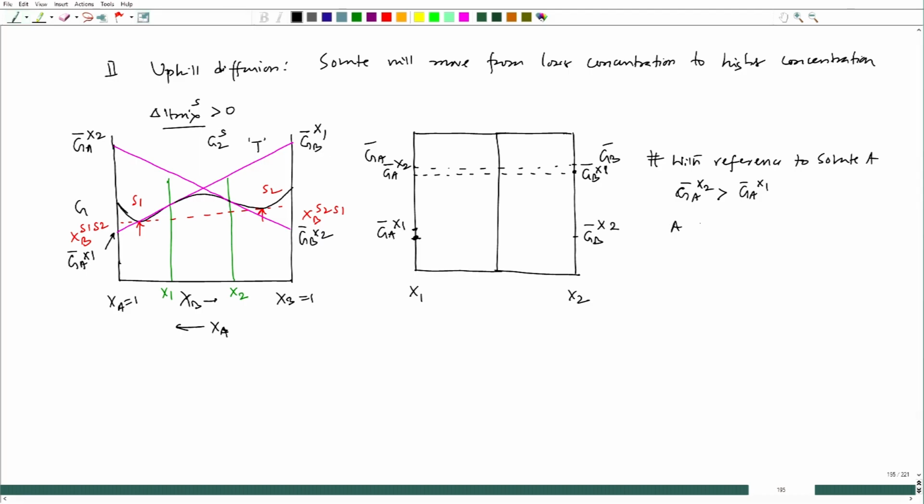So, A will migrate, at a temperature T, they are same, from x 2 to x 1. So, x 2 is depleted in A and x 1 is rich in A.